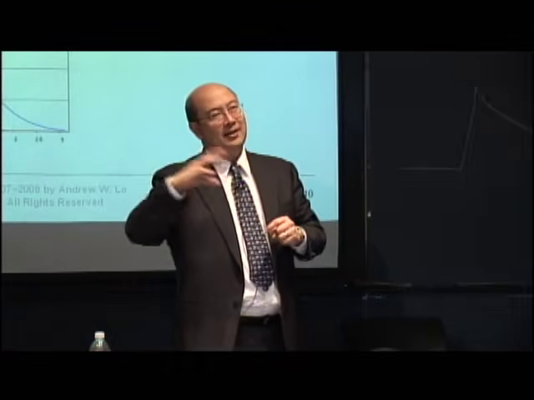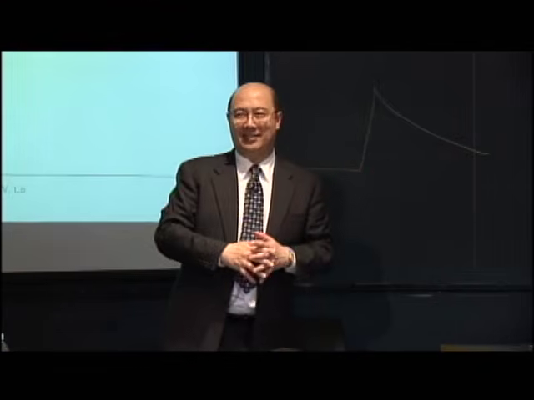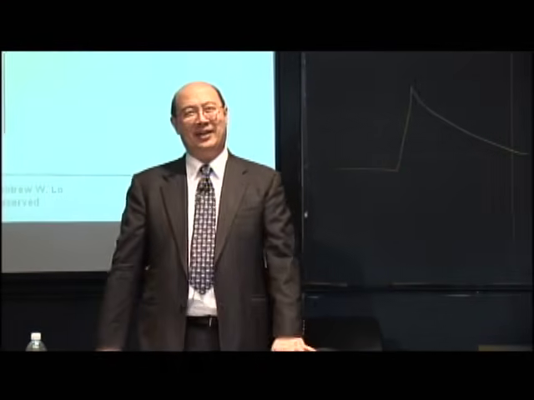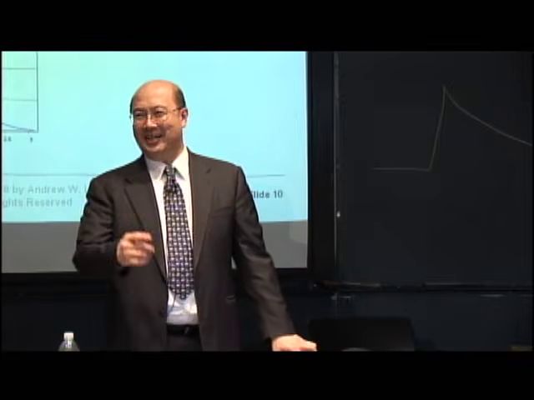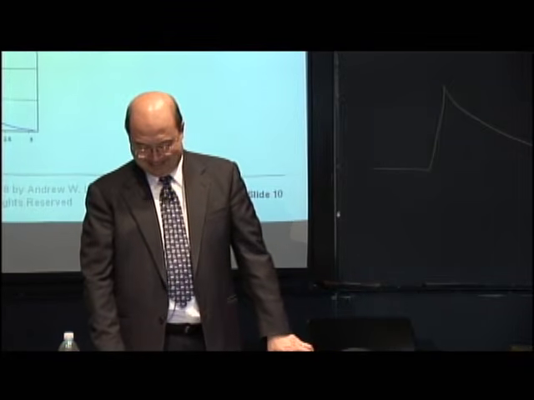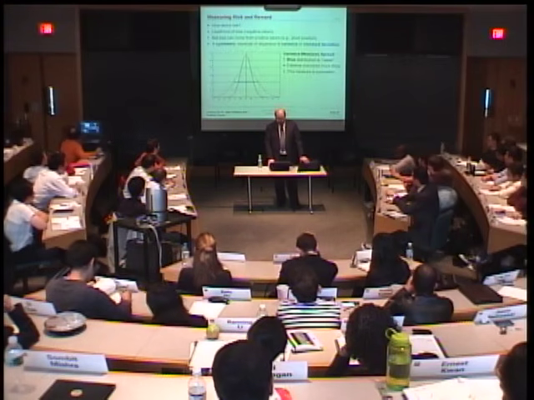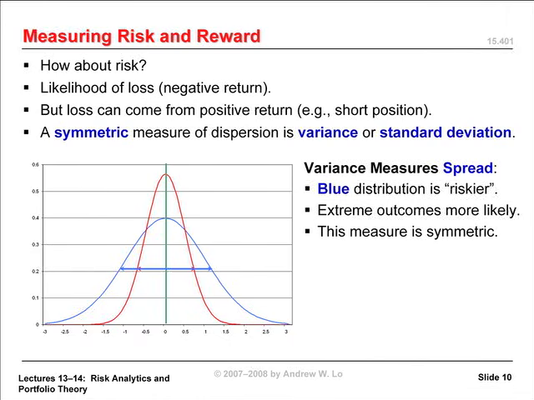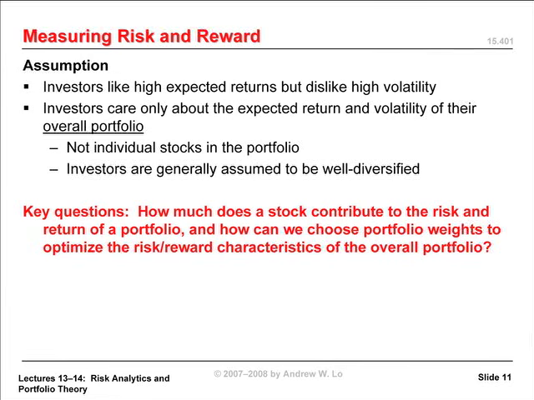Nobody has any problem with upside risk or upside distribution. I haven't run across anybody that said, gee, this year I'm really making too much money, and that's just not a good thing. If you meet anybody like that, introduce me. I'll help them out with their problem. But the point is that for a symmetric distribution, it doesn't matter. And in more advanced approaches to investments, people have used one-sided measures, but we're not going to do that in this course. So we're going to focus on variance or standard deviation as the measure of risk, okay?